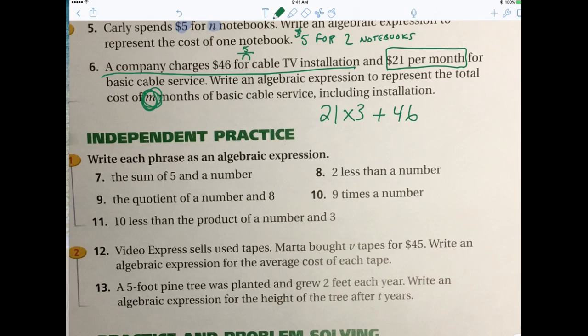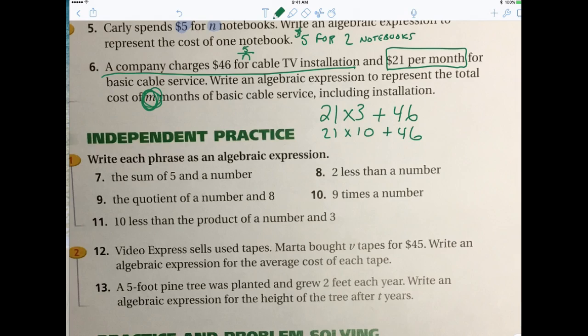What if I said for 10 months? How would I figure out what my bill is? 10 times 21, and then plus 46. Yes.